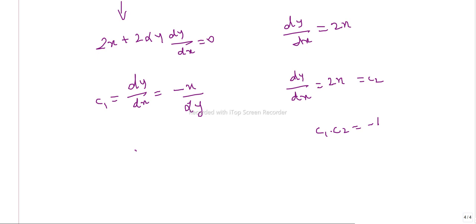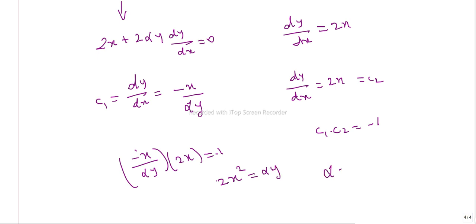Therefore minus x by alpha times y, into 2 times x, should be minus 1. Minus minus cancel, the numerator is 2x square, and multiplying we get alpha times y. Therefore alpha equals 2x square by y.